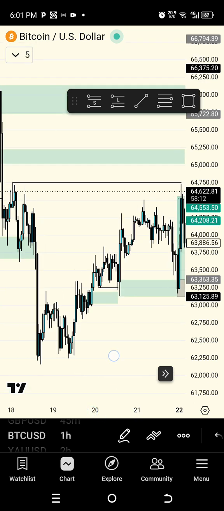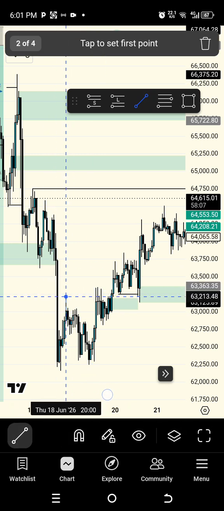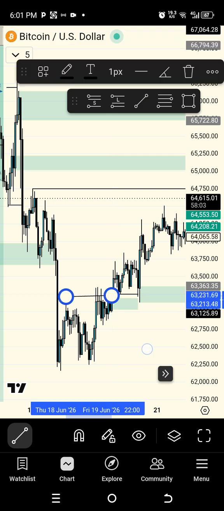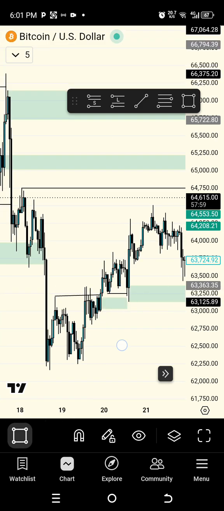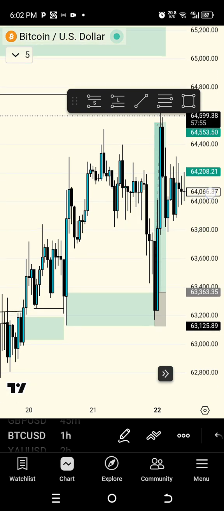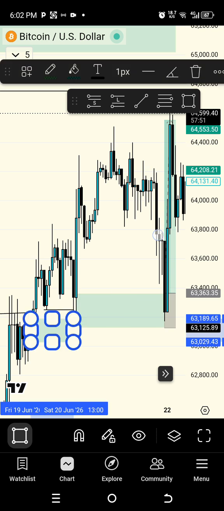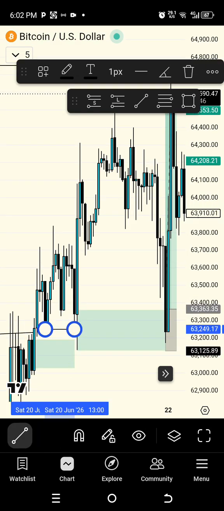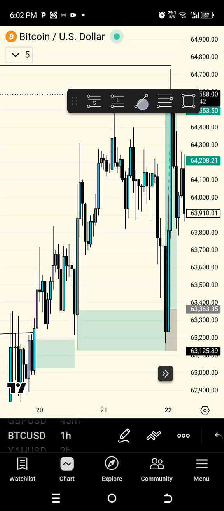So price made this first shift here. After price does that, it gave an inducement here, the inducement level. Let me mark it out. Let me do it a little bit bigger so that you guys will see. Price gave an inducement here.